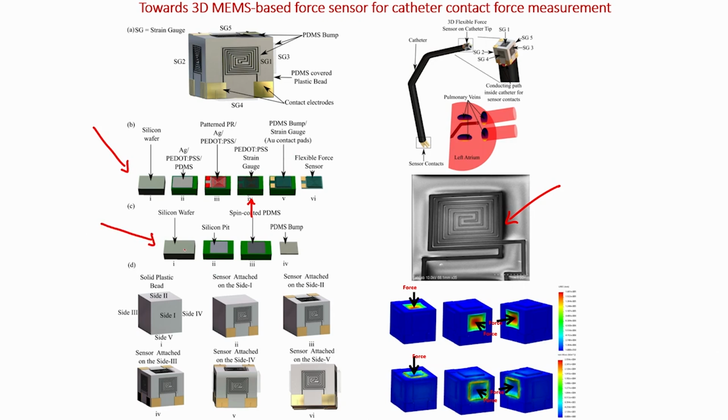You have a silicon wafer, and in the silicon wafer if I create a pit, if I deposit or spin coat PDMS, cure it and peel it off, I will have a PDMS bump. Simple, right. Silicon wafer, silicon pit. How to create a silicon pit?